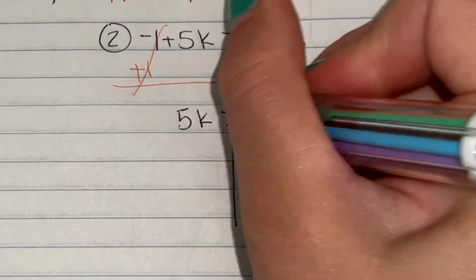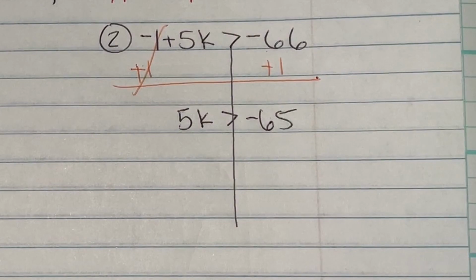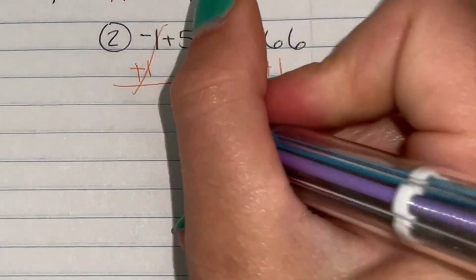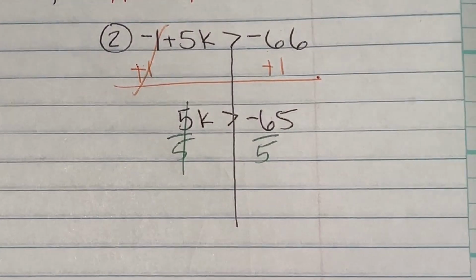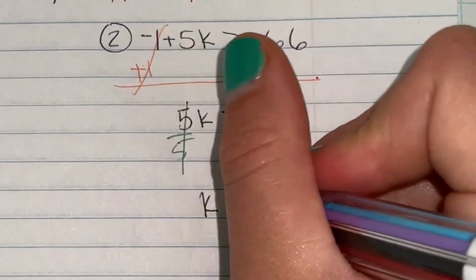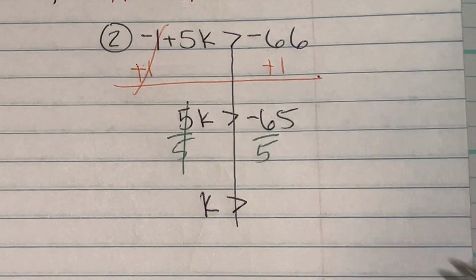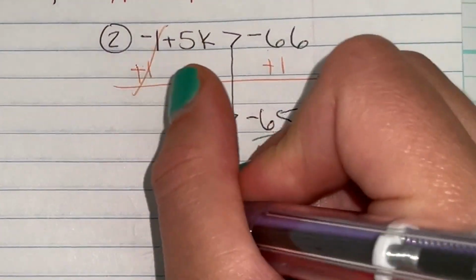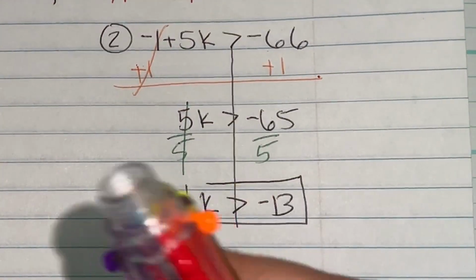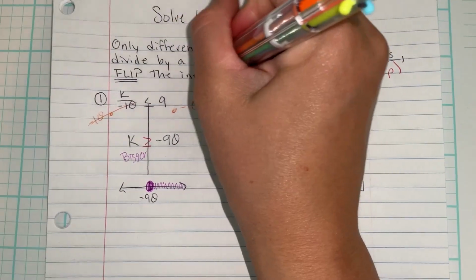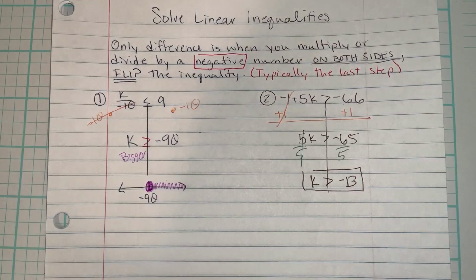Negative 66 plus 1, negative 65. Then I divide by 5 on both sides because it's a coefficient. This leaves me with k is greater than negative 13. My inequality does not flip because we divided by a positive number. It only works if you divide by a negative number.